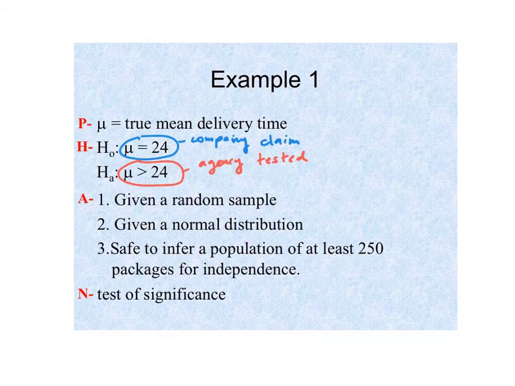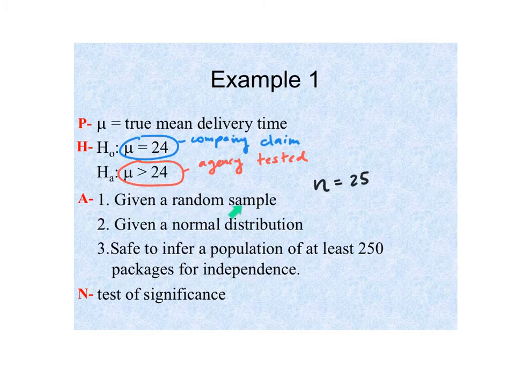Okay. Step A of phantoms is like the step A that we've seen before. Was the sample of 25 packages, was it random? Right. How many did they sample? It was 25. So were these 25 packages sampled randomly?